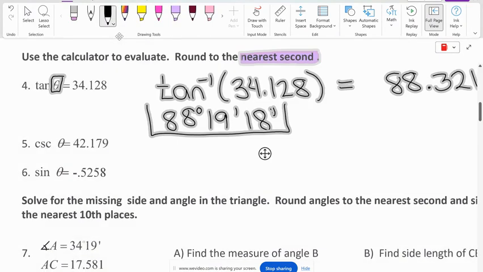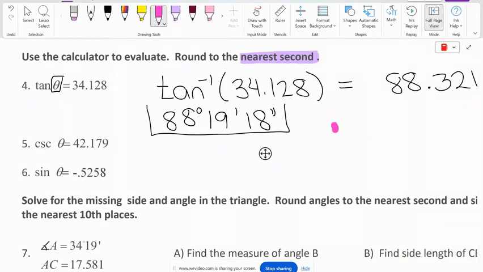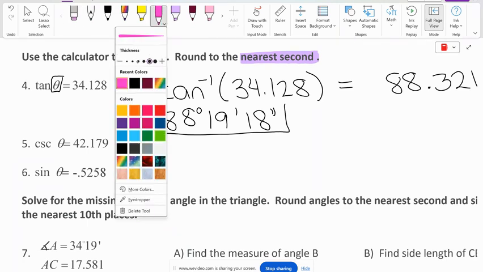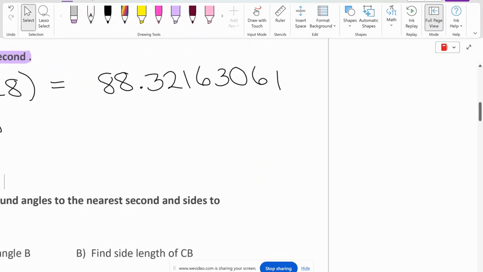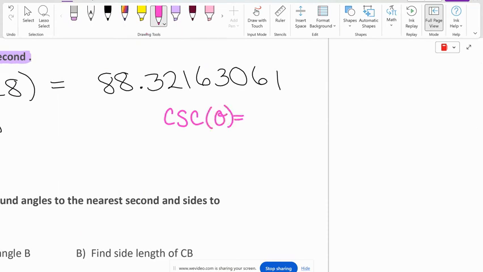I have the cosecant of theta is equal to 3.4561. Because there is no cosecant button on our calculator, we have to figure out which one cosecant is related to.